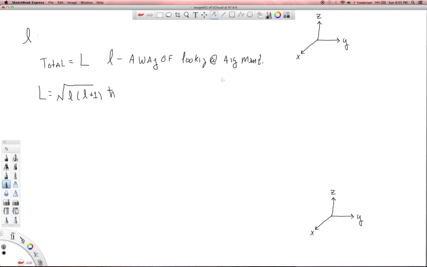It's not the total angular momentum, but it is a way of looking at the angular momentum, contextualizing it a little bit.